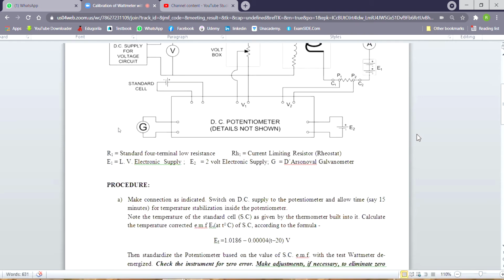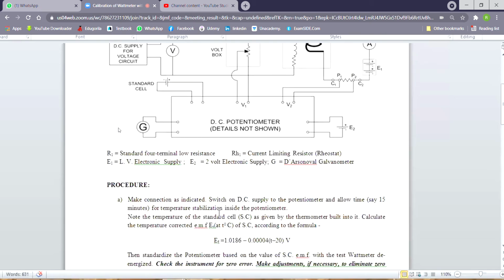But in the standardization mode, the selector switch will not work. The potentiometer will always take its input voltage from the standard cell, so a fixed input goes to the potentiometer.